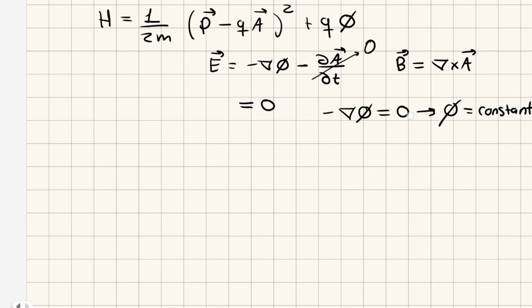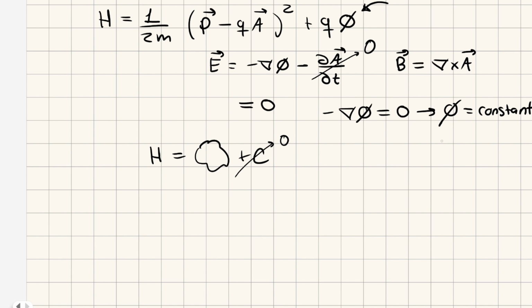Remember that when you have a Lagrangian or a Hamiltonian that is some function plus a constant, we can just ignore that constant, because when we take this into the Hamilton equations, this constant will not play any important role. Looking at here, we will have a constant because it multiplies q.